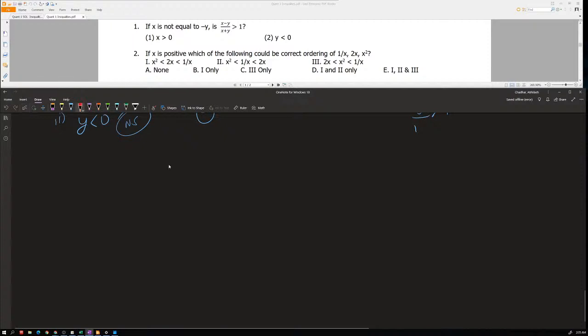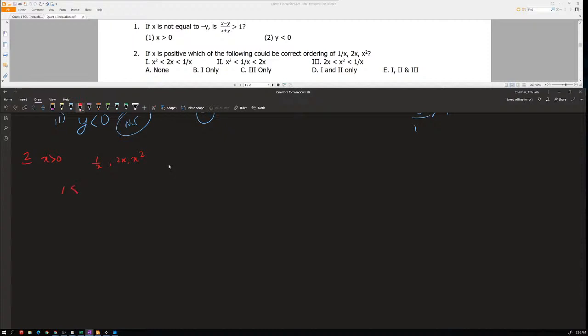If x is positive, so x greater than 0, which of the following would be the correct ordering of 1 by x, 2 by x, and x squared? So basically we have 1 by x, 2 by x, and x squared to be arranged. The first one says that x squared is greater than 2x, greater than x, okay. So in this case, let's take x equal to 1.